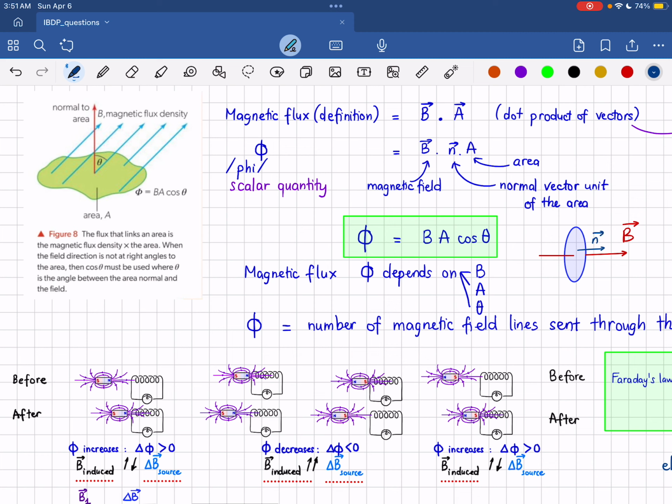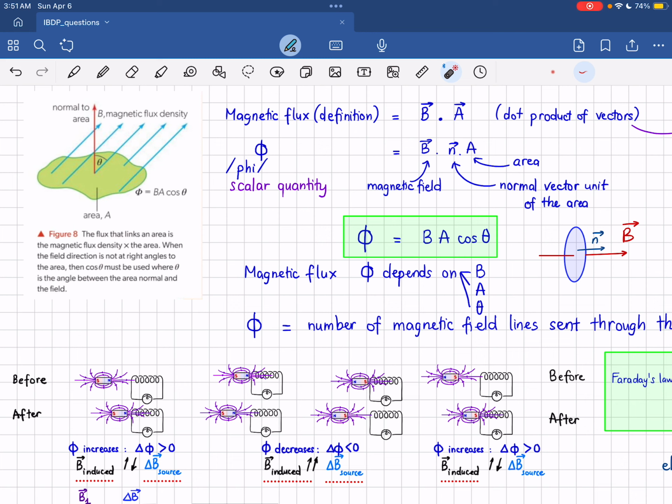So what is the angle between them? Both of them are pointing in the same direction, so theta is equal to 0, and cosine of 0 is 1. This is when the flux is at its maximum, when the magnetic field is perpendicular to the area surface.